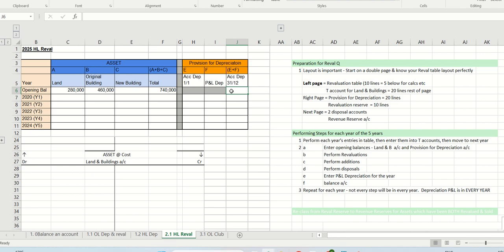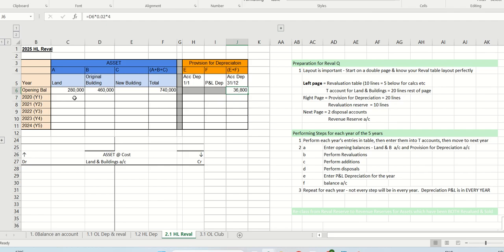So it's going to be just the value of the building, because we do not depreciate the land. So 460,000 by 2% by 4 years. So our opening depreciation is going to be 36,800. Okay, so you're putting in that extra row here for your opening balance that allows us to enter our opening balances and gets us ready to start.